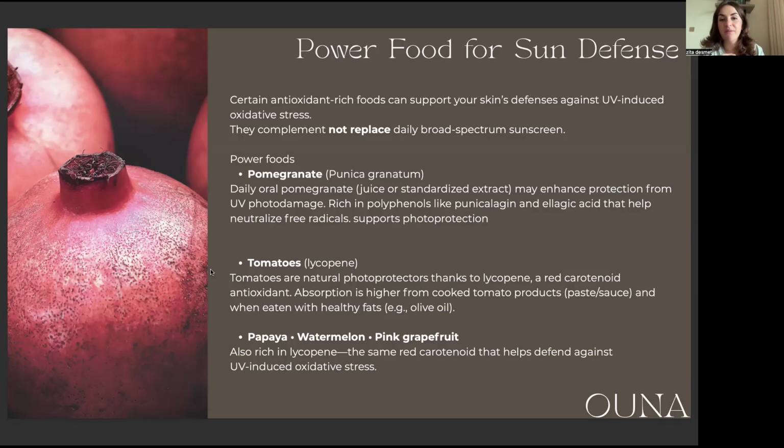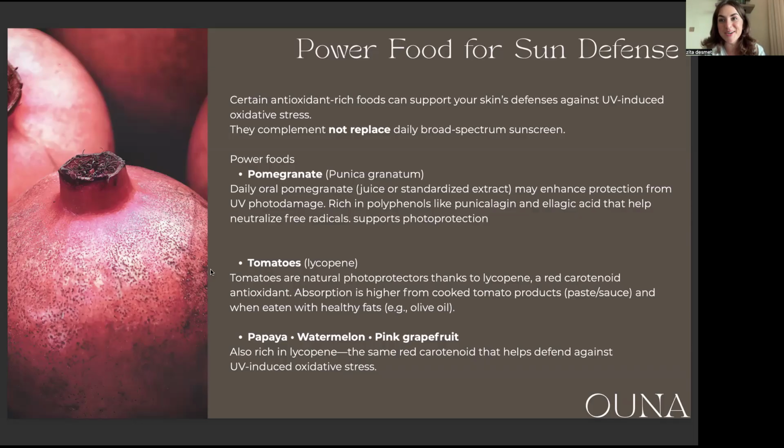This will never take away or replace our daily broad spectrum sunscreen, by the way. However, pomegranate has really beneficial protection against photo damage, because it's rich in polyphenols and really helps to neutralize our free radicals from photoprotection.